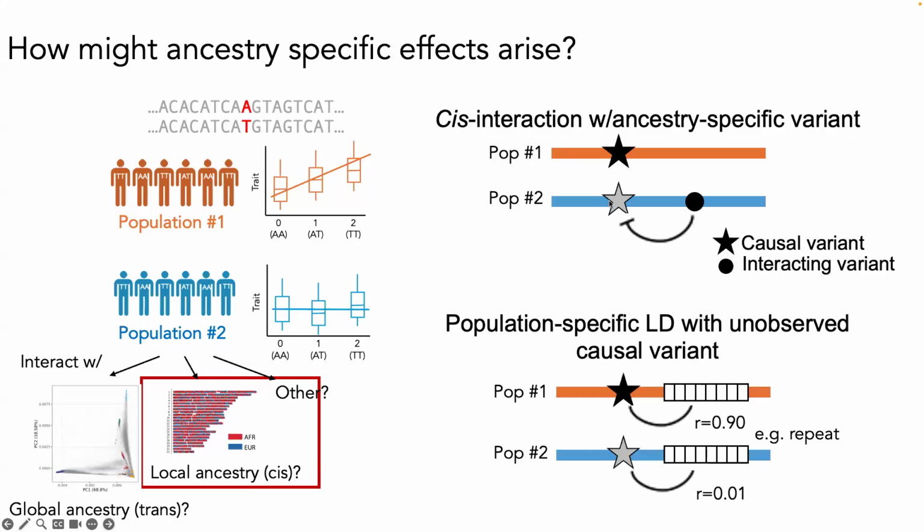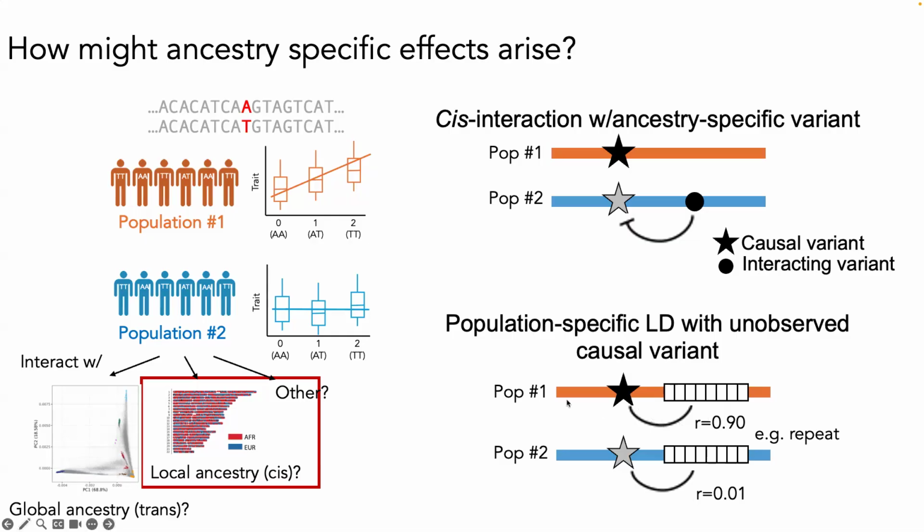The other thing that we came up with is that maybe the local ancestry is not a causal thing itself, but maybe this variant that we found that we thought to be causal in one population, not in the other, is actually just tagging something else that is causal, but that tagging is different in the two groups.